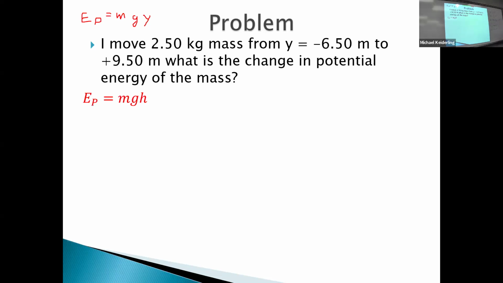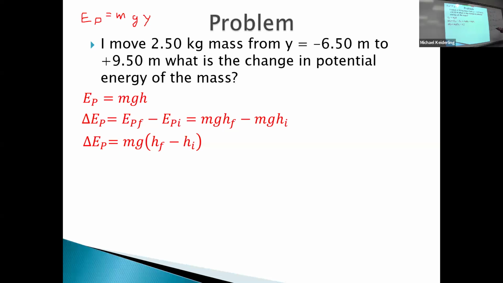Okay, so here, potential energy is mgh. So change in potential energy is going to be mgh final minus mgh initial. We could calculate each of these individually, or do a little algebra, and we can see that it's mg times change in height, h final minus h initial.